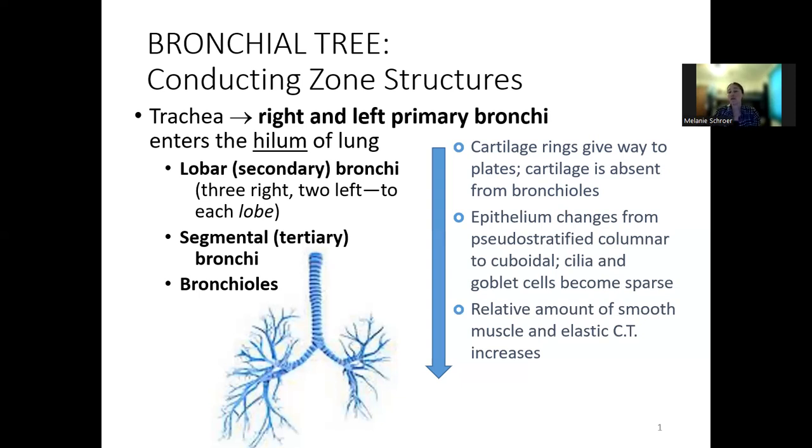Towards the end, the walls of our airways get a lot stretchier, so a lot more elastic connective tissue. Keep in mind that your airways themselves aren't contracting to increase in size. Essentially, your airways and the alveoli all the way at the very end are just attached to other structures.